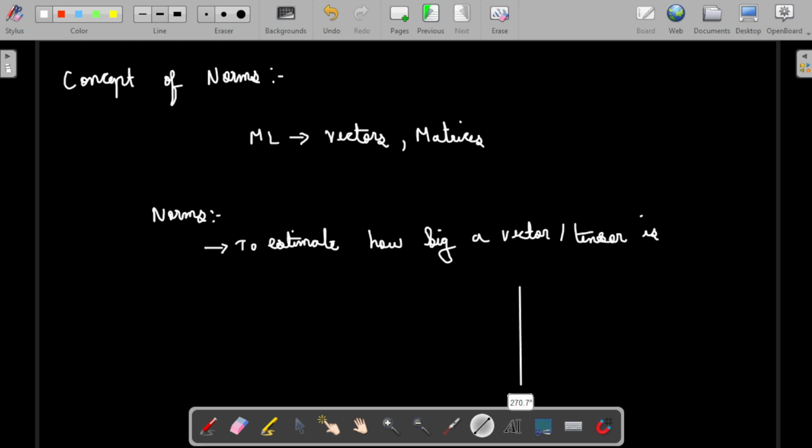Let me give some mathematical idea over it, how we can represent a vector. Let's take a point 3, 4 in 2D. If we plot 3 on the x-axis and 4 on the y-axis, this is the point.